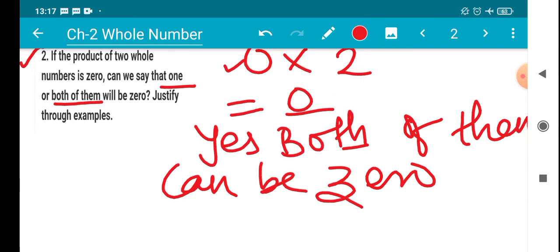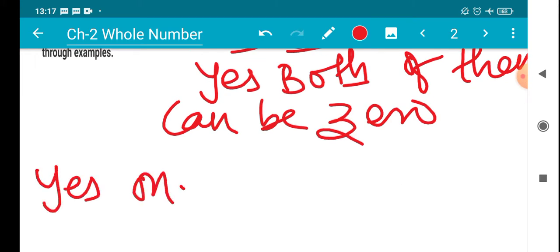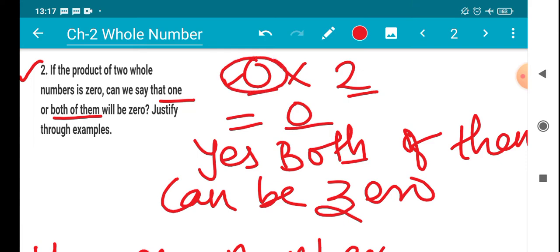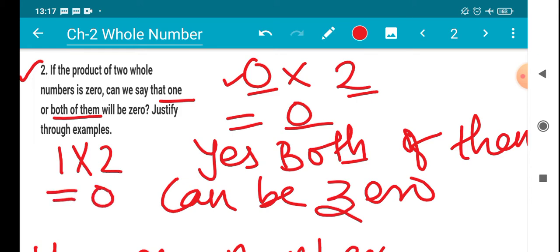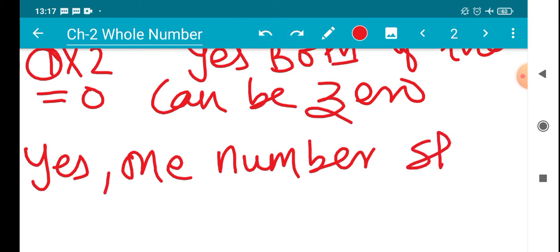So can we say that one or both of them? Yes. Here you got that between these two numbers, one is 0. But if you don't have 0, if I write 1 into 2, will you get 0? So in order to get the answer 0, you need to have one number as 0 or both numbers can be 0.